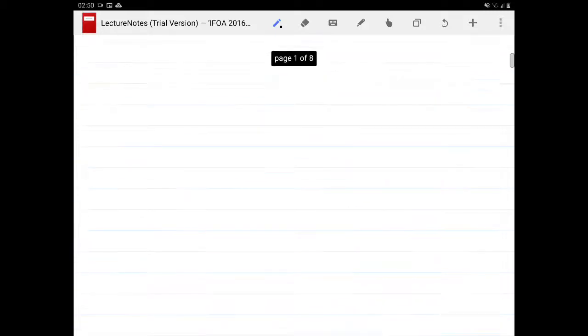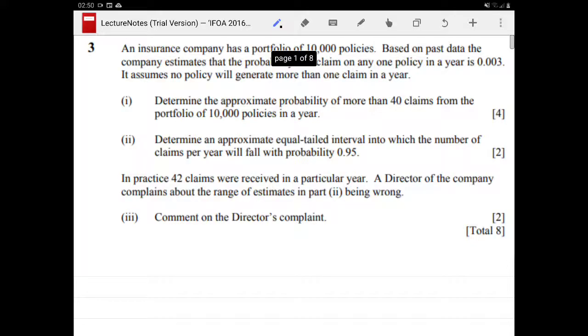Okay, so now we're going to get to the question. This is from the 2016 September exam, question 3. An insurance company has a portfolio of 10,000 policies. Based on past data, the company estimates that the probability of a claim on any one policy in a year is 0.03. It assumes no policy will generate more than one claim in a year.